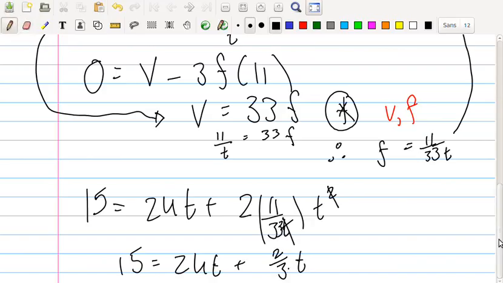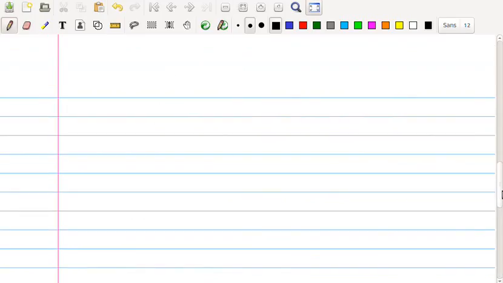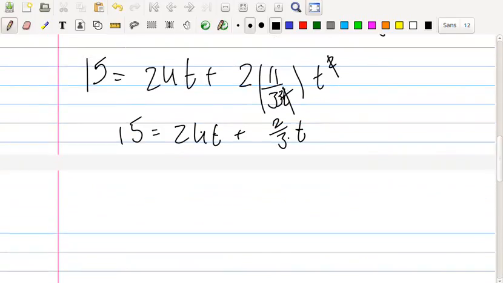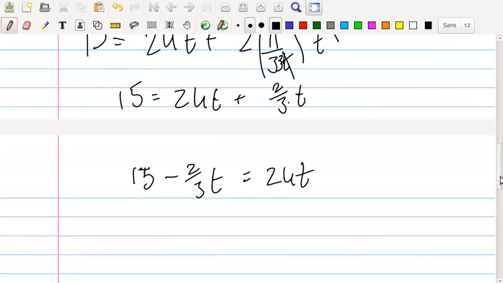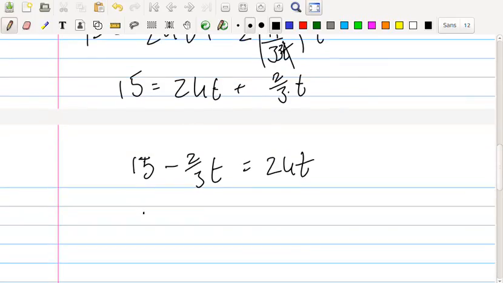You're looking for u, isn't it? So 15 minus 2/3 t equals 2ut. Divide everything by 2t.